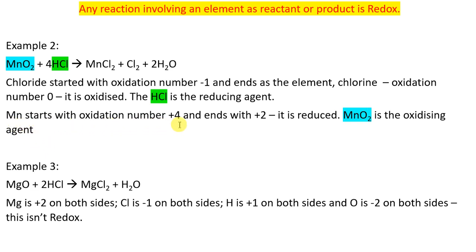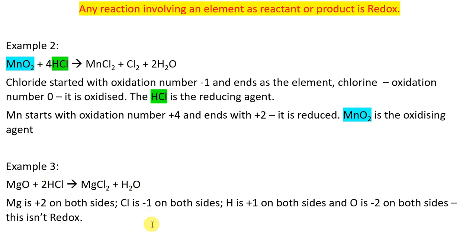Mn starts with oxidation number +4, combined with 2 oxygen atoms, O we'll always assume is -2 unless it's a very unusual situation. So Mn starts +4 and it ends up +2 combined with just 2 singly negatively charged chloride anions. It's reduced. MnO2 is the oxidizing agent.